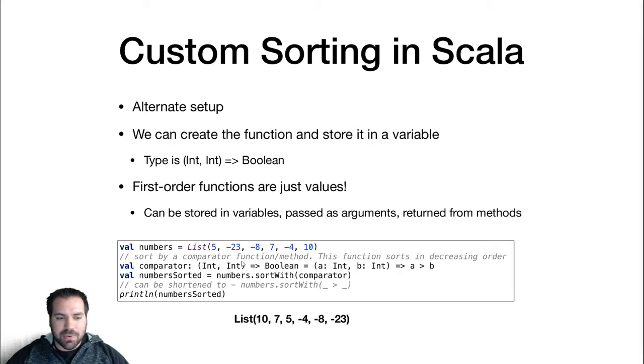Parameter list goes in parentheses. All the parameter types, no variable names here. The variable names are not part of the actual type of the function, but all the types of the parameters. Big arrow, and then the return type of the function.